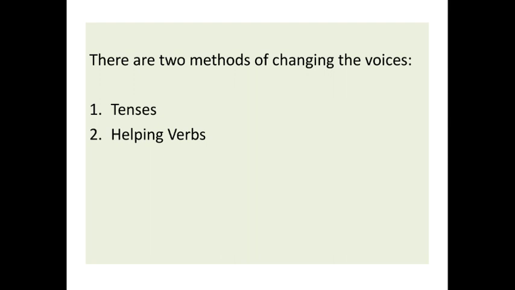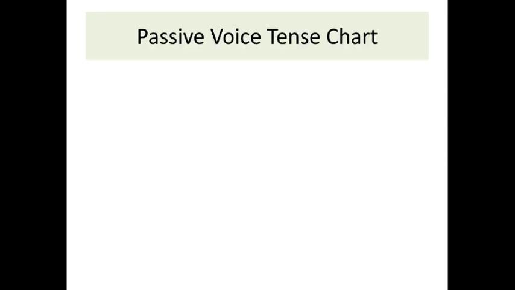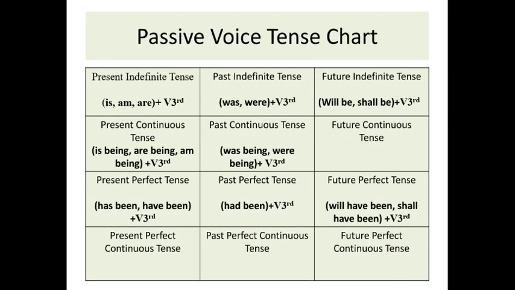According to the first method, that is according to the tenses, there is a tense chart, and in this chart you can see the helping verbs that are used in passive voice. In present indefinite tense, is, am, are with the third form of verb is used.